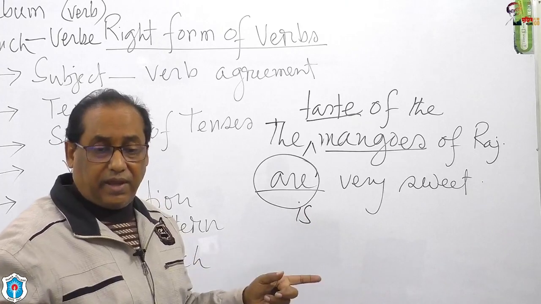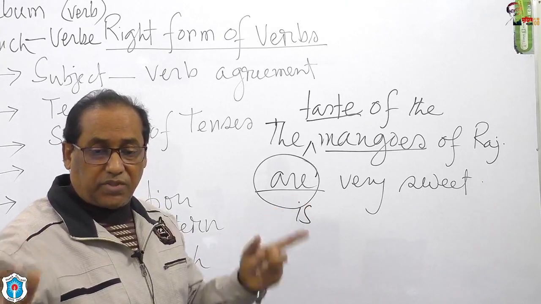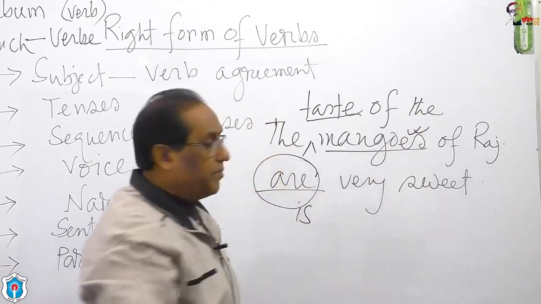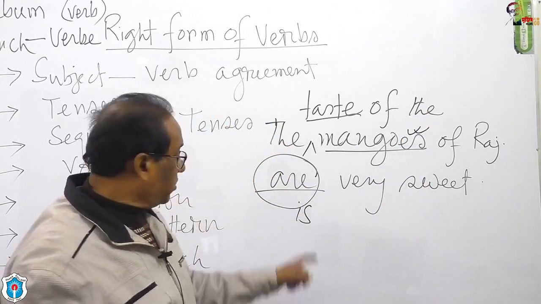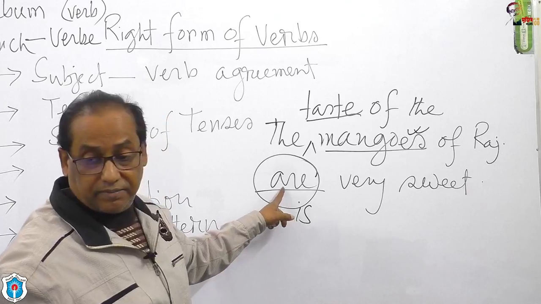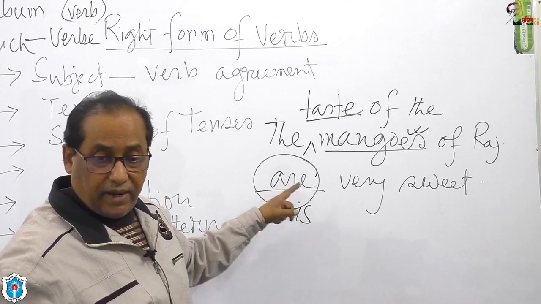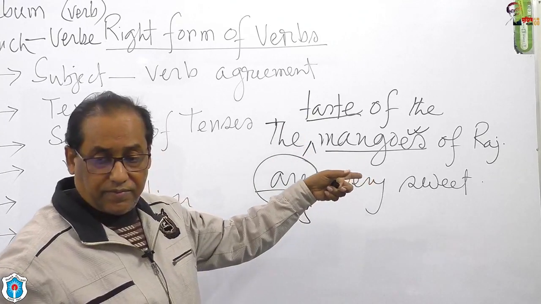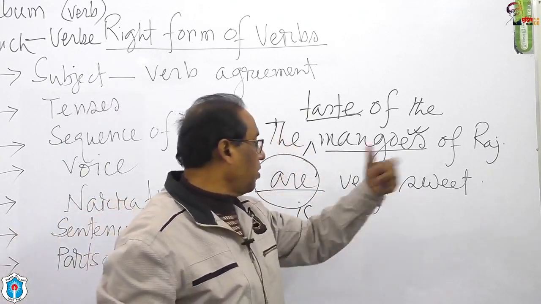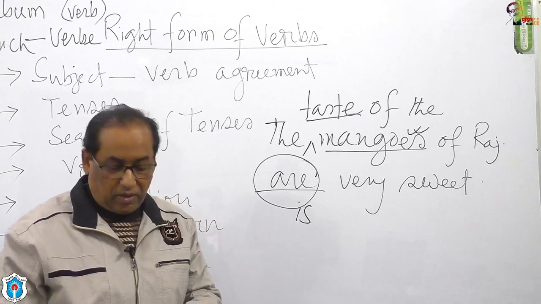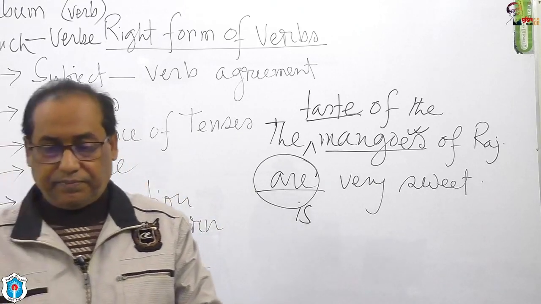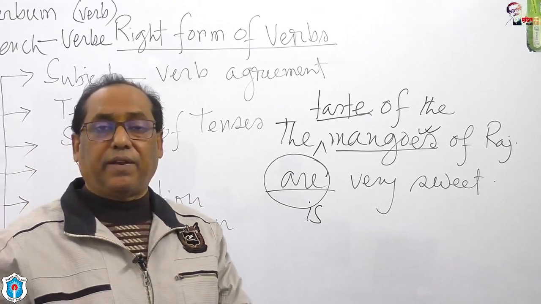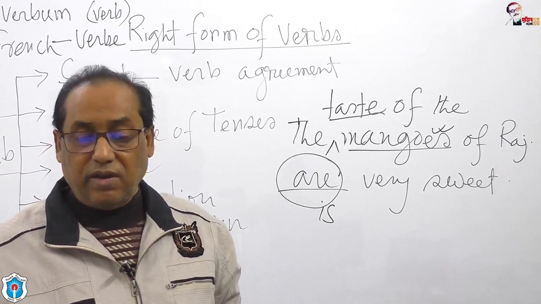But sometimes you are mistaken thinking that mangoes are plural, so the verb is plural. Okay, think of the difference, the taste of the mangoes and the mangoes of Rajshahi. So don't be confused. So subject-verb agreement is very much important.